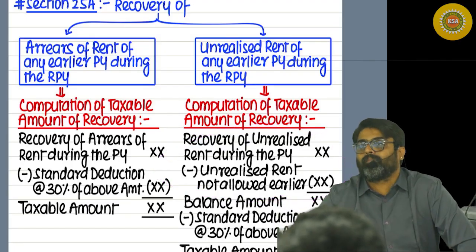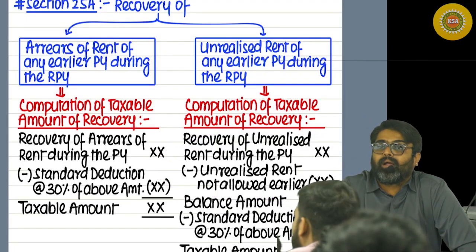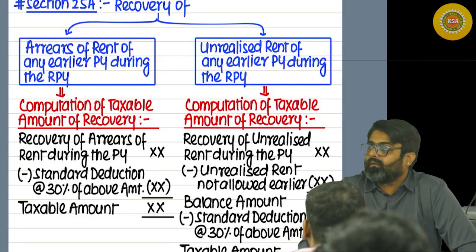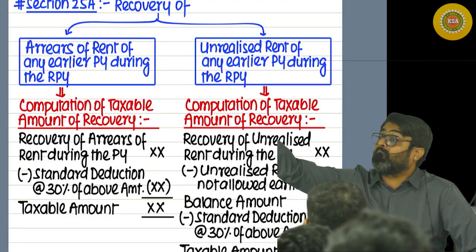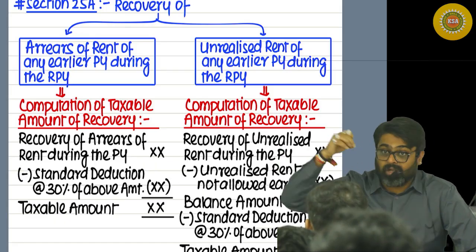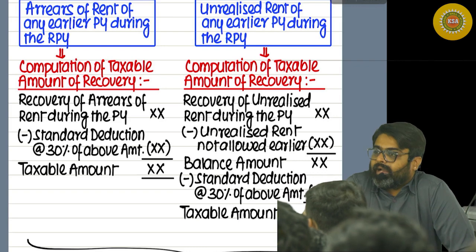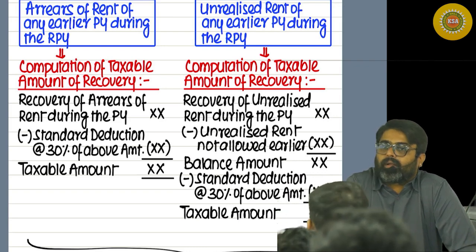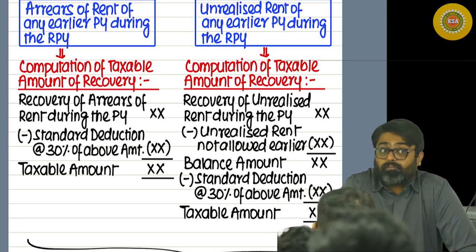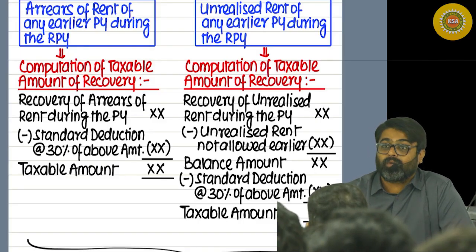So the balance amount which will remain is the same amount which was allowed earlier, which has not suffered any tax, and it will now be taxable, but after claiming 30% standard deduction. Will you remember? Now I will put some amounts so that you come to know what I am trying to tell.